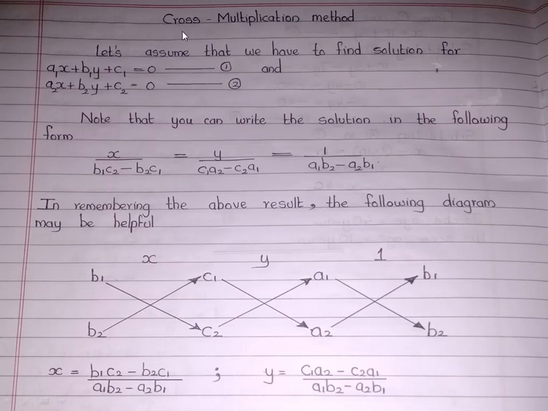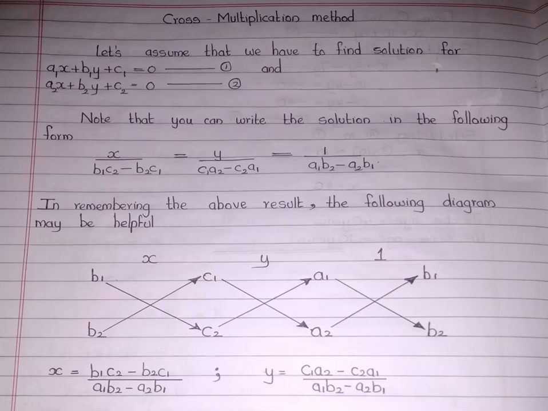To find the solution using the cross multiplication method, we can write x by b1c2 minus b2c1 is equal to y by c1a2 minus c2a1 equal to 1 by a1b2 minus a2b1.